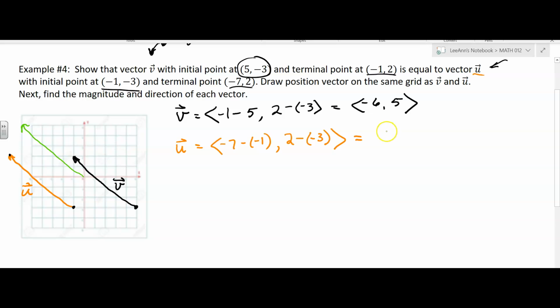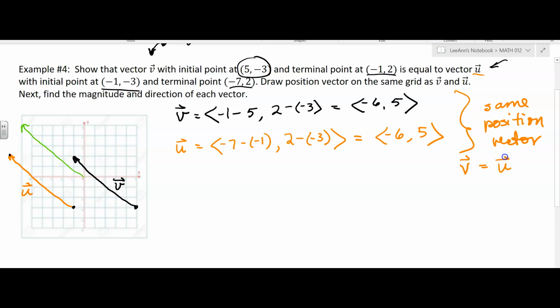And that's also going to give us negative 6, 5. So right here, they have the same standard position, the same position vector. Therefore, vector v is equal to vector u, because they have the same position vector, which means they have the same magnitude and the same direction.